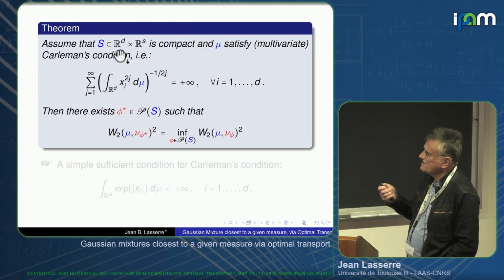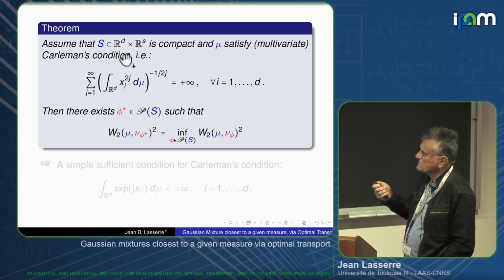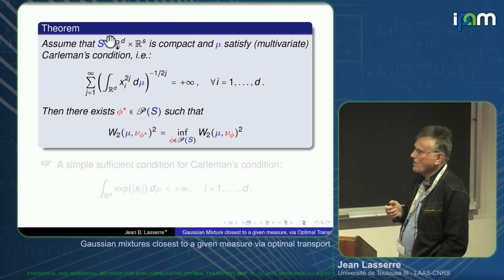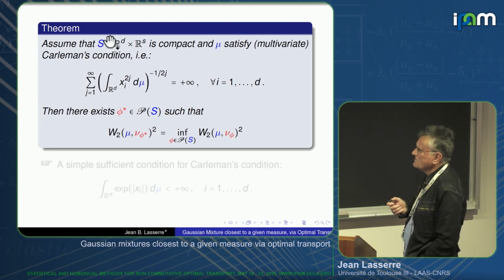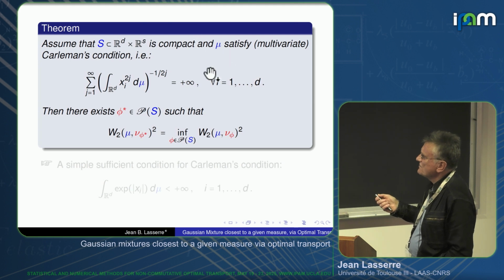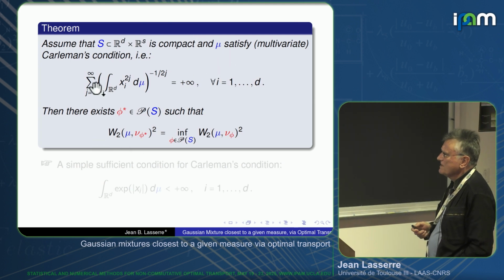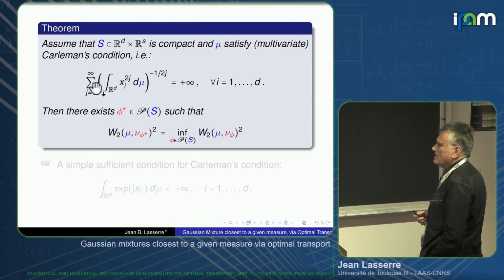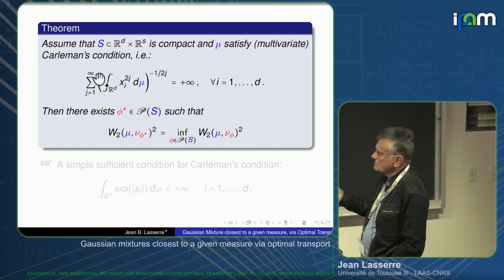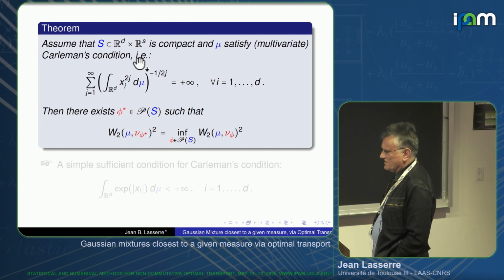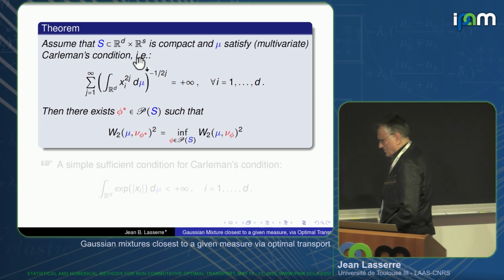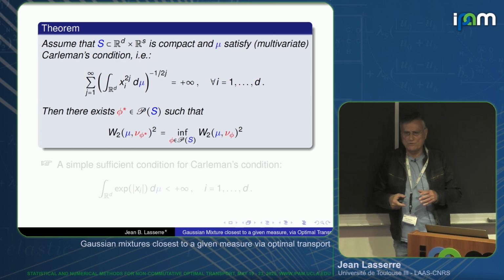First question. And the answer is quite simple, a very simple sufficient condition. So we assume from the beginning that S is compact. So this is the space of parameters where you are allowed to do the mixing of parameters. And we assume that mu satisfies the multivariate Carleman condition, which limits the growth of the moments. What is nice about this multivariate Carleman condition is that it's a condition only on the marginals.